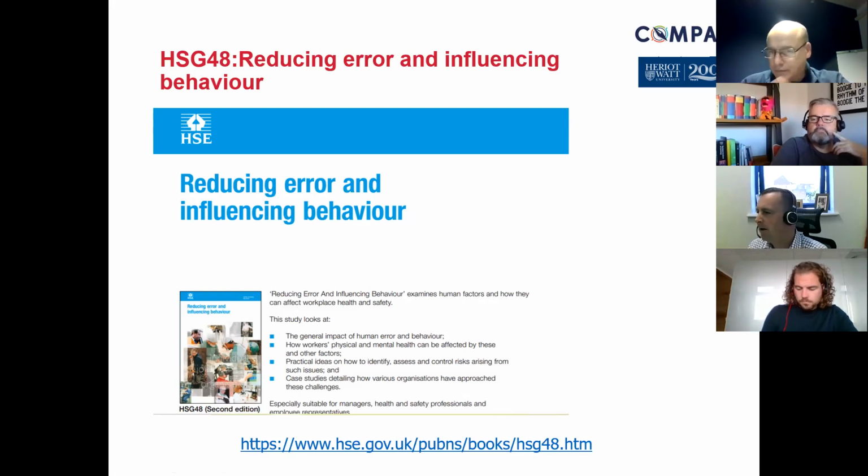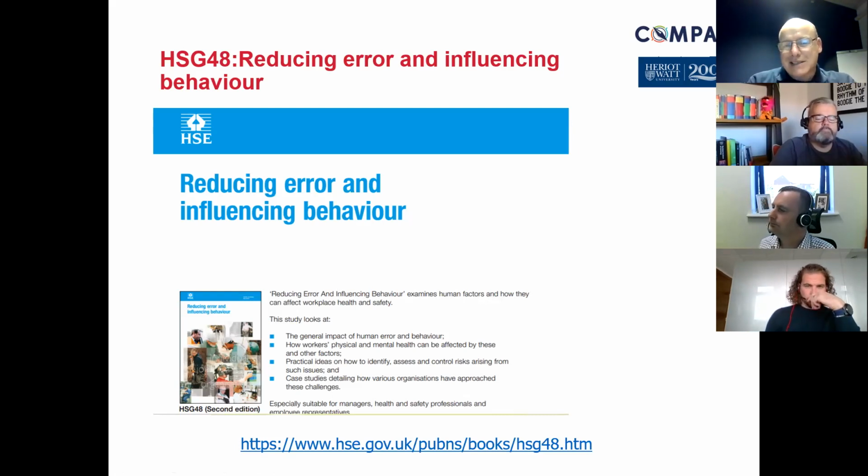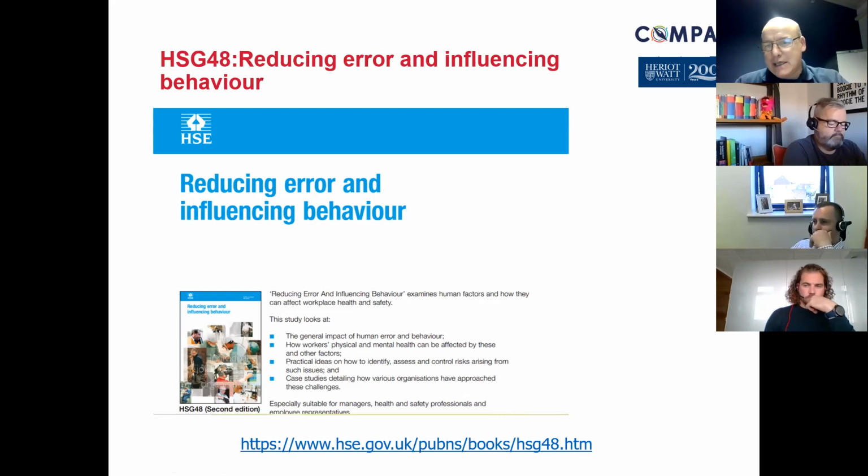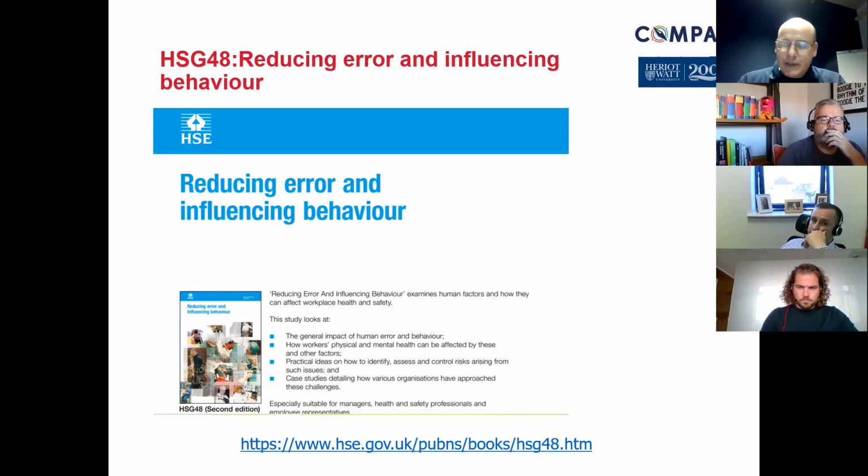So the second edition that's in place at the moment went from looking at the disasters in the 1930s through to the 1980s. So it had some information in the first edition, and the second one really topped it up in the early 90s to show more about behavioral safety. So it grew in its design and concept.